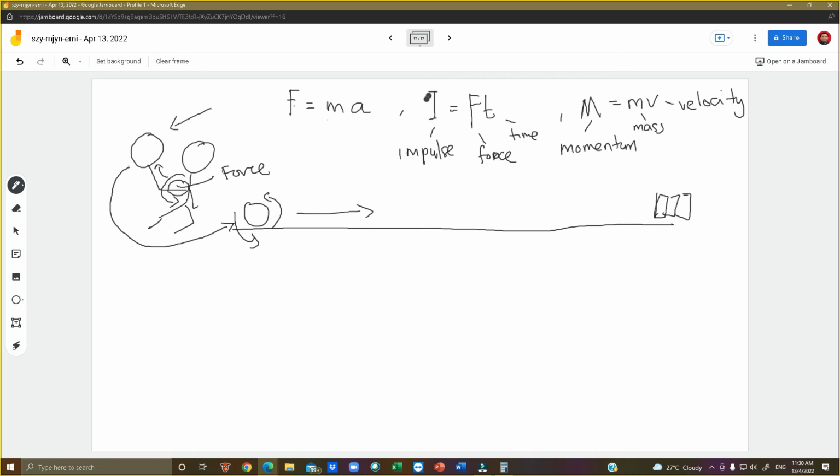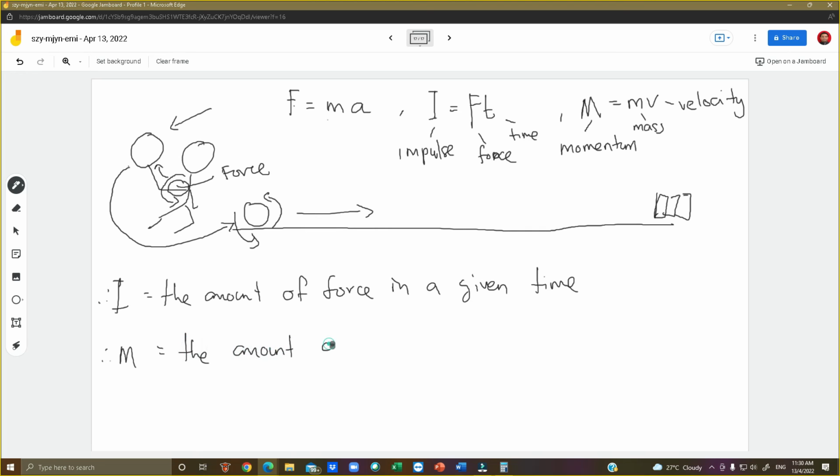Okay, so impulse can also be described as the amount of force in a given time, while momentum can be described as the amount of movement. Okay. And at every single point of time, if the object has an impulse, it will always have momentum.